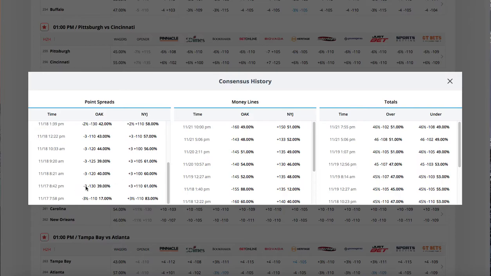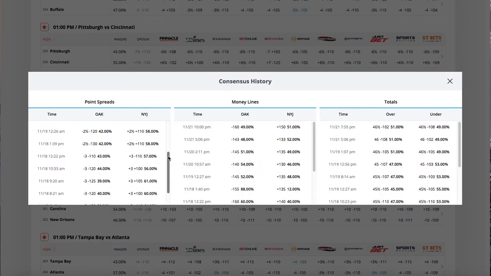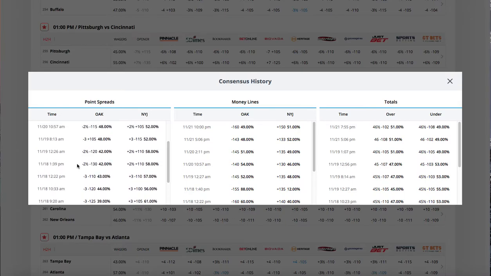Okay, look at 8:42. Same deal here. 39%, 61%. They continue to take money here at 60-40. It's staying at 3 until finally, if you look around, the next day, right around 1:30, they finally bumped it down to 2.5.